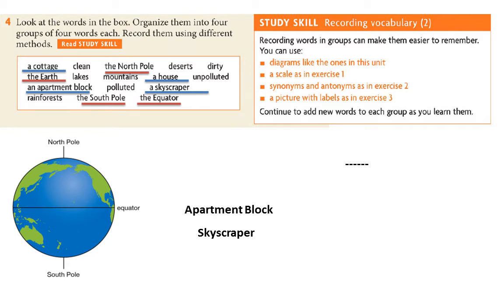Skyscraper is the biggest, then apartment block, then house, then cottage. This group goes from smallest to biggest. This is a scale. So this is the second group, and now we have a diagram and a scale.